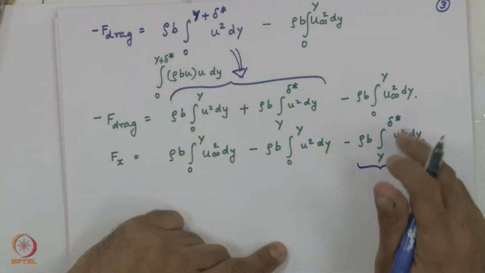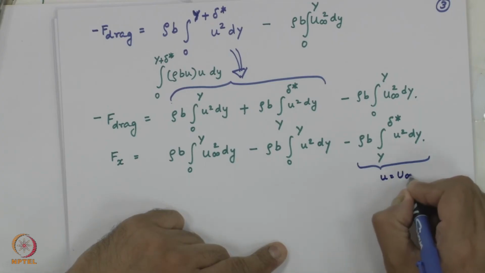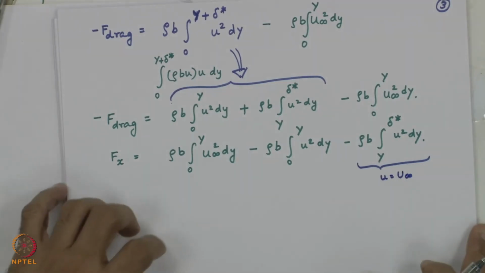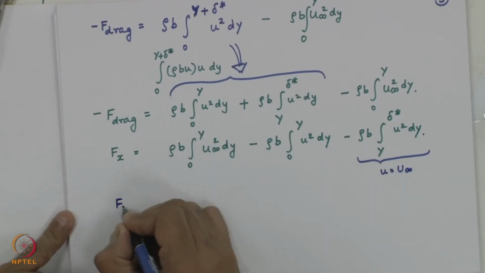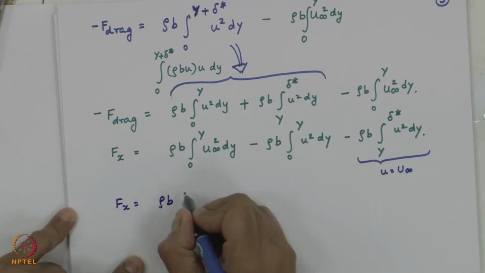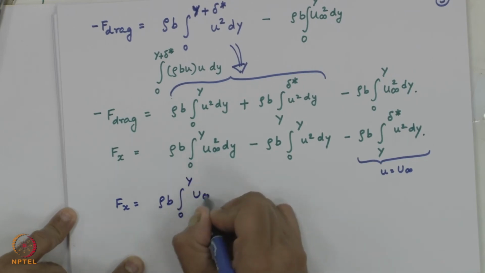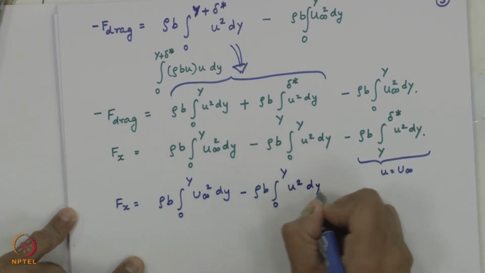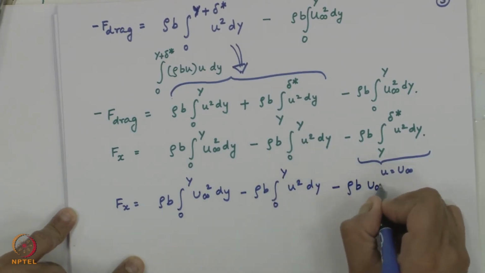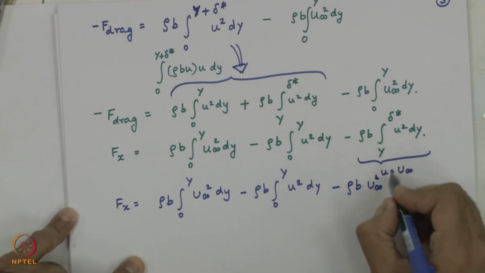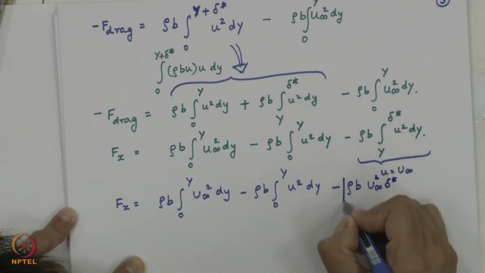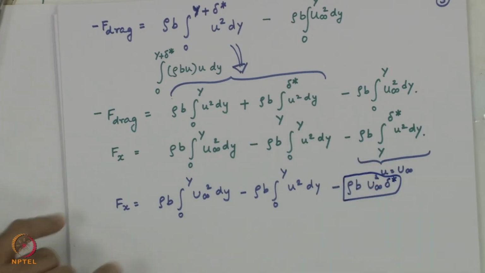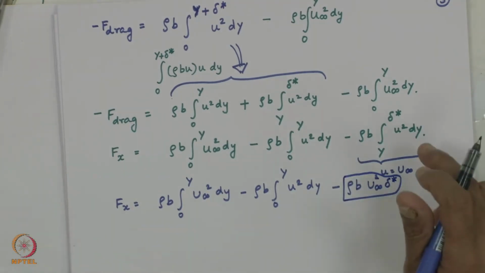Now, let us look at this term. What is the velocity beyond the edge up to delta star? Here u is equal to u infinity, correct? So, this integral therefore becomes F of x equal to rho b integral 0 to Y u infinity squared dy minus rho b integral 0 to capital Y u squared dy minus rho b u infinity squared, which comes out because it is a constant, times this integral dy.